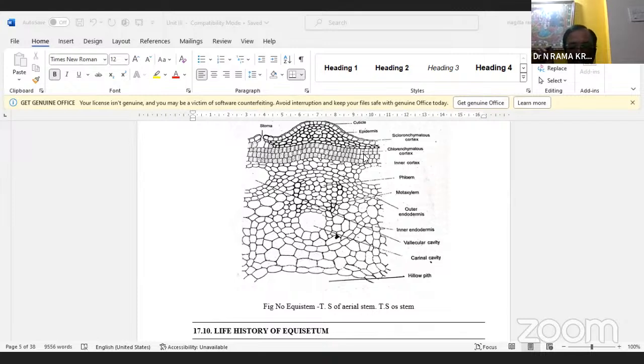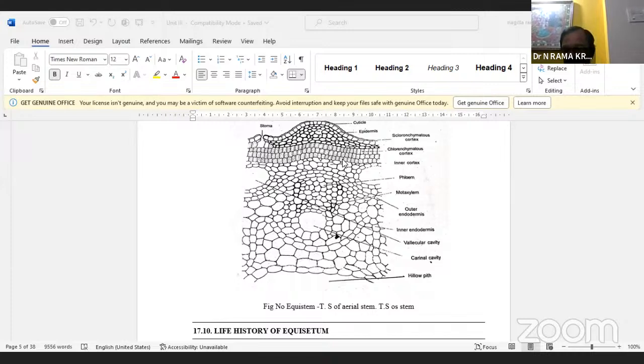Okay, green tissues are prominent, with intercellular spaces here, opposite to the stomata. The leaves are small and have only a few chloroplasts. The assimilatory function of photosynthesis is carried out by the chlorenchyma. So this is the cortex structure.